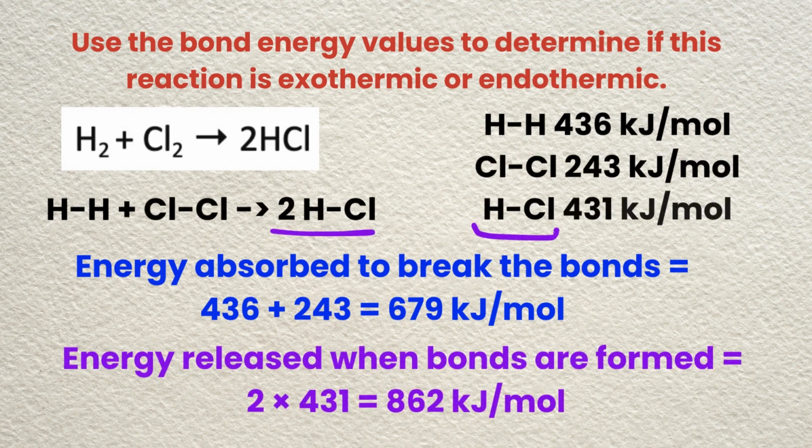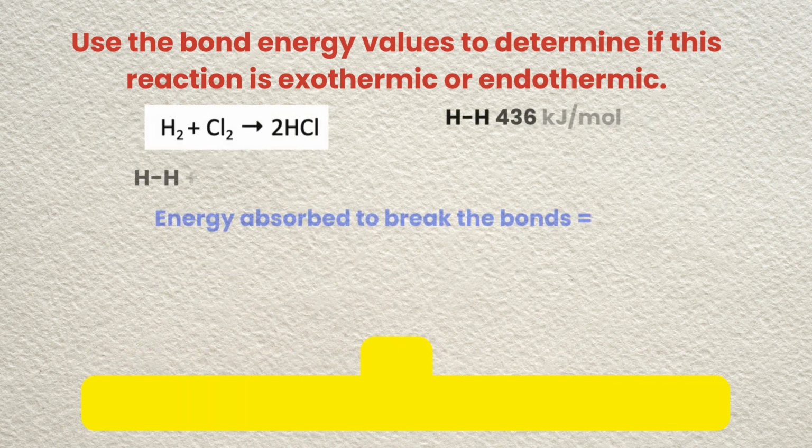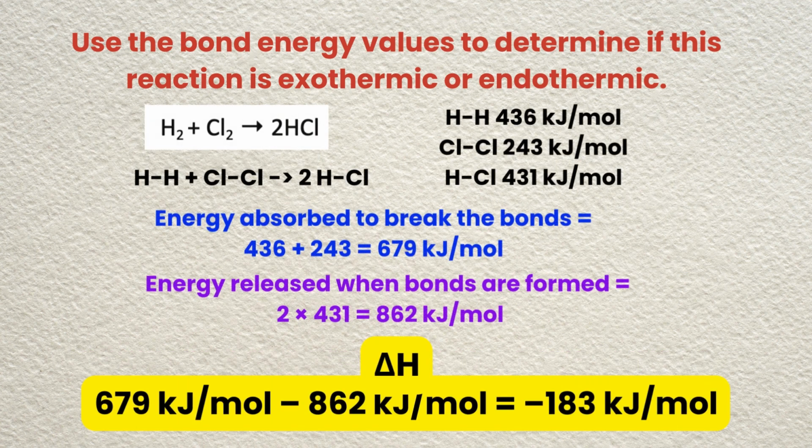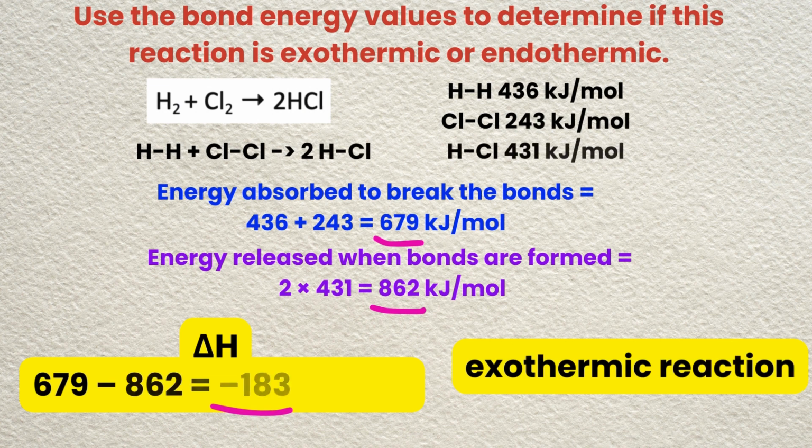Energy released when bonds are formed is 2 times 431, which equals 862 kilojoules per mole. So the change in energy or enthalpy change here is energy absorbed minus energy released, which equals 679 kilojoules per mole minus 862 kilojoules per mole, which equals negative 183 kilojoules per mole. Enthalpy change is negative. Energy released when bonds are formed is greater than the energy absorbed when bonds are broken. So it is an exothermic reaction.